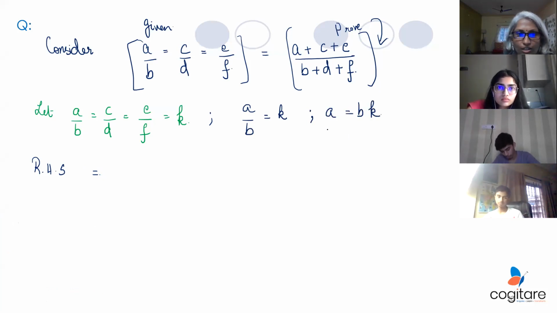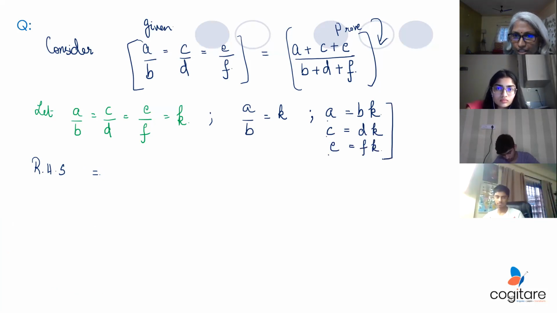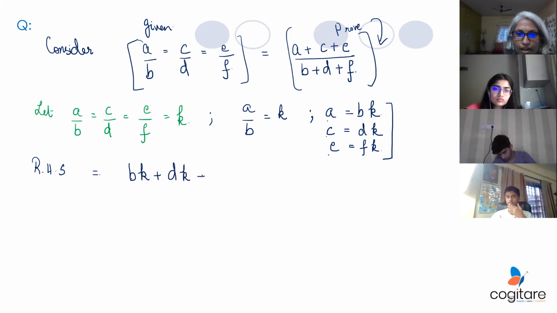Right, Aditya? What is C? It is DK. E is FK. Clear? Can I pick A, C, E from these and substitute in RHS? So A plus C plus E is actually BK plus DK plus FK.